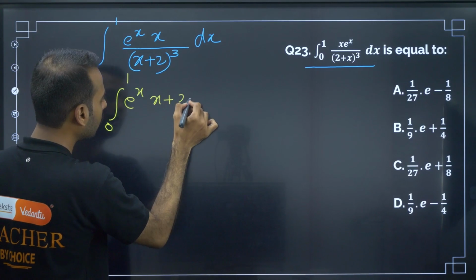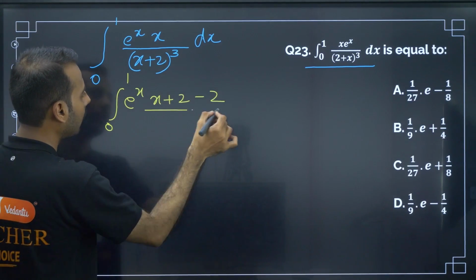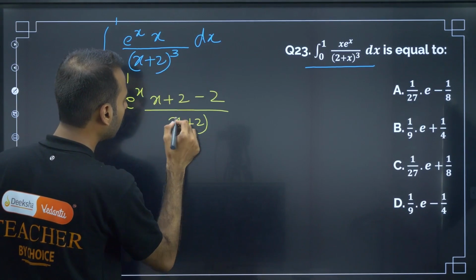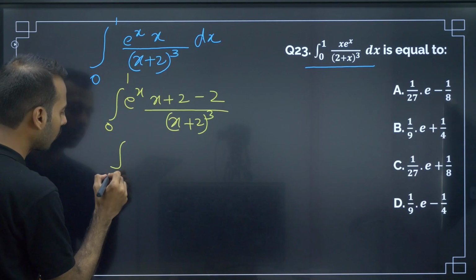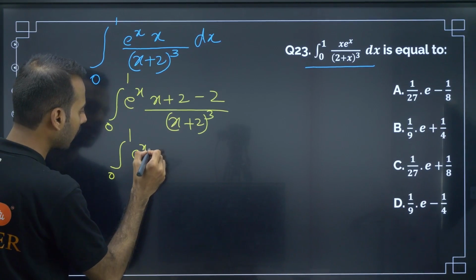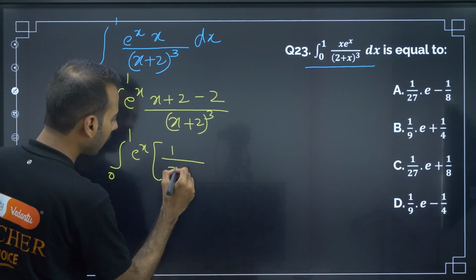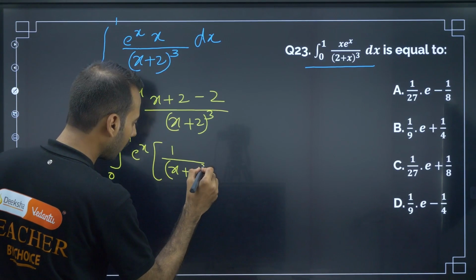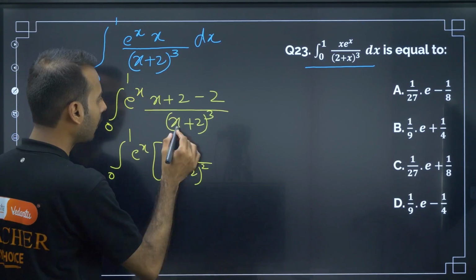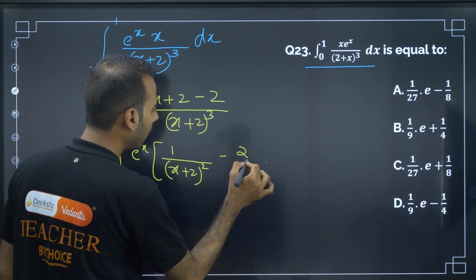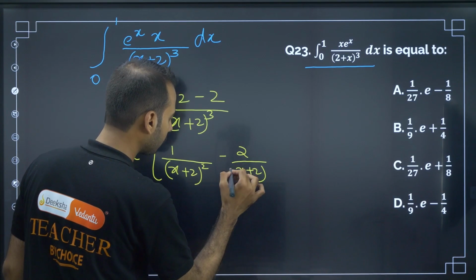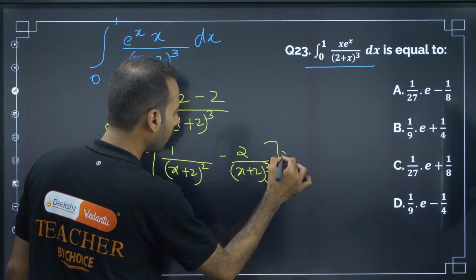Write x as x plus 2 minus 2 over x plus 2 whole cube. So integral from 0 to 1 of e raised to x times 1 by x plus 2 whole square minus 2 by x plus 2 whole cube, dx.